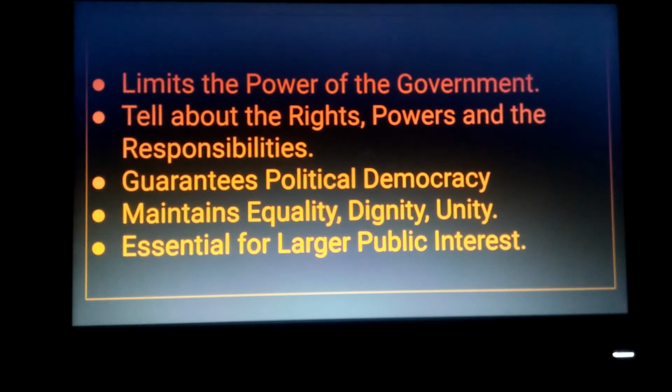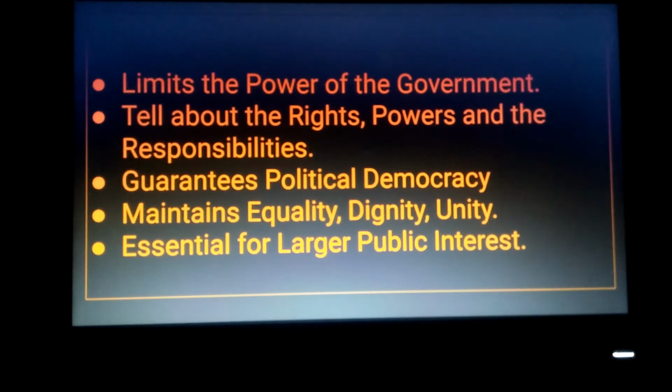It also guarantees political democracy. What is the meaning of political democracy? It means it gives the political right of electing its government, and in this way it maintains equality, dignity, and unity among its citizens.